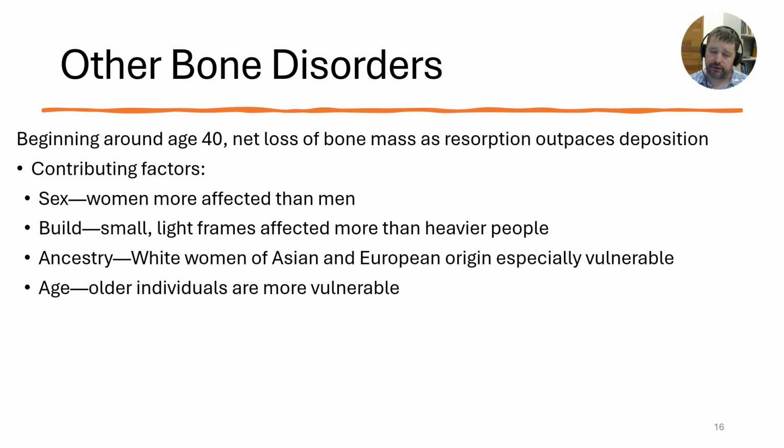Ancestry, okay, again, there's always going to be a genetic component to this. Okay, so typically Caucasians, and so Asian or European descent, will often be more vulnerable than some of the other ancestries or ethnicities that we have on the planet. Older individuals, again, this goes back to what we call the Hayflick limit.